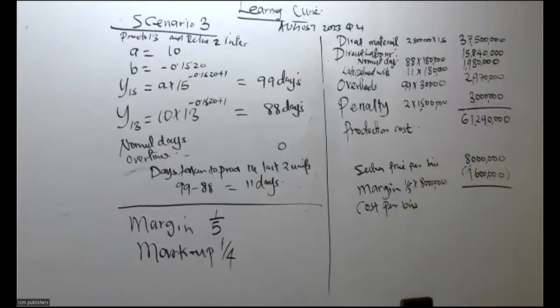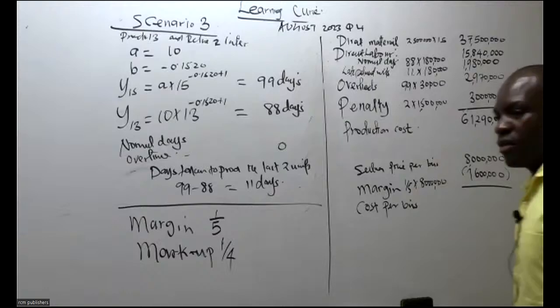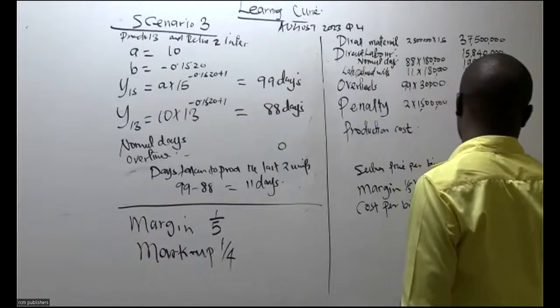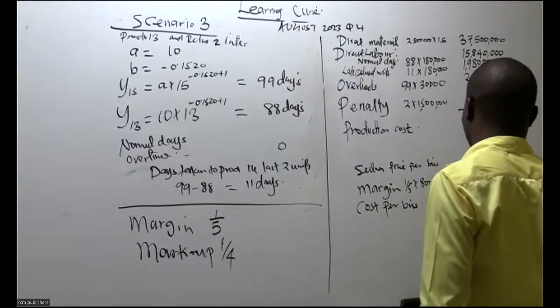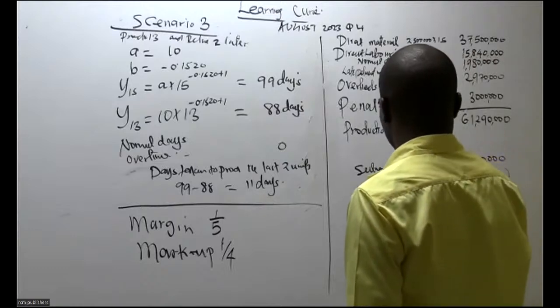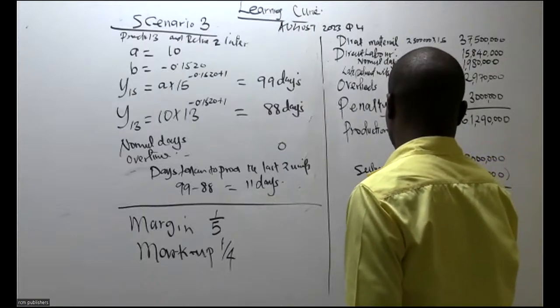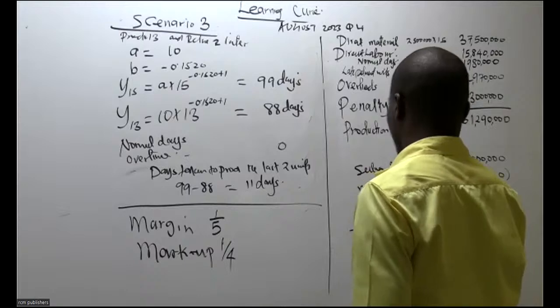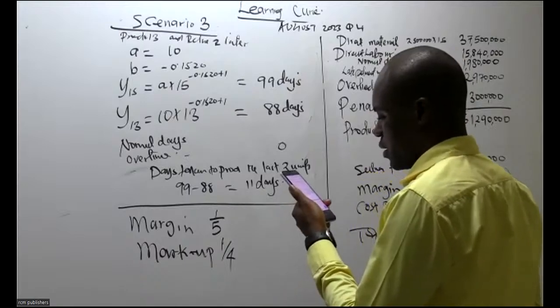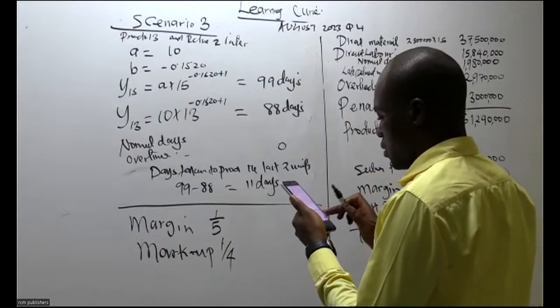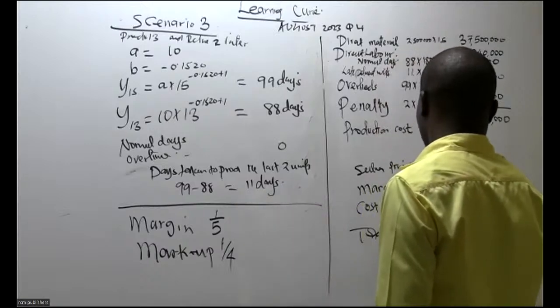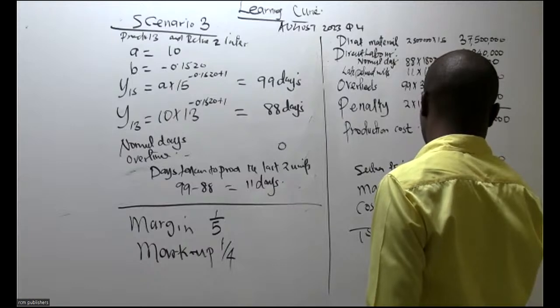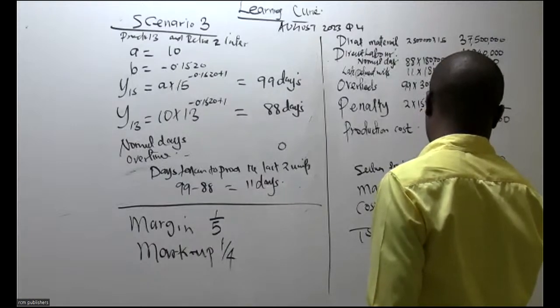Cost per bus unapata ngapi? Unapata 6,400,000. Now, one bus total cost, yes. So total cost itakuwa 6,400,000 by 15.